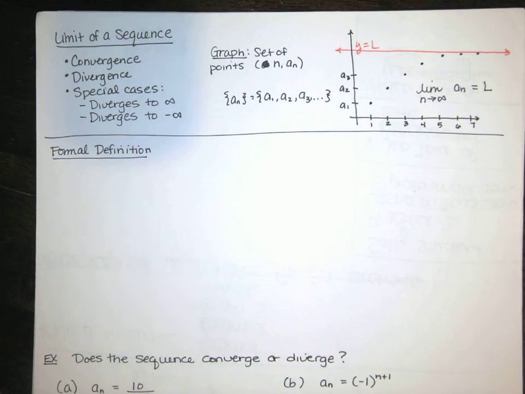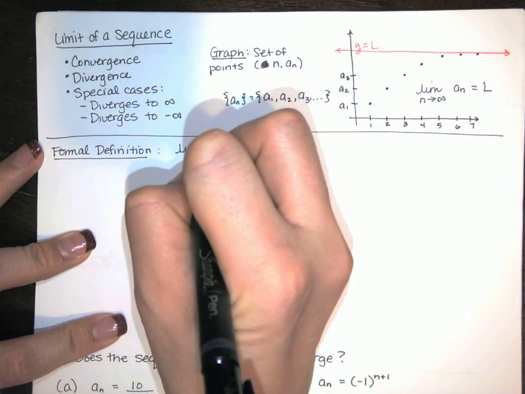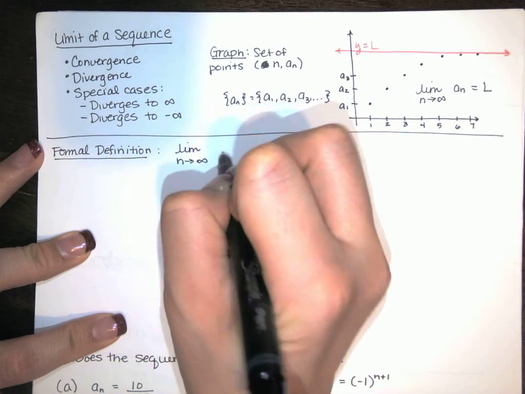So here's the formal definition of the limit as n goes to infinity of a sub n.